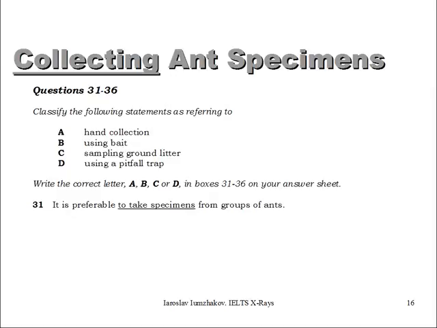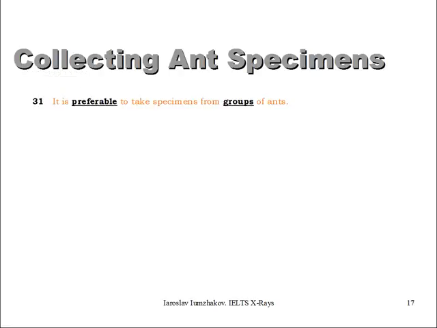So going back to the text and the question, to find the answer, you should look for matches for preferable and groups. And be careful. You should look for matches, first of all. If you find the very word preferable, for example, in the text, this must be a wrong way to follow.